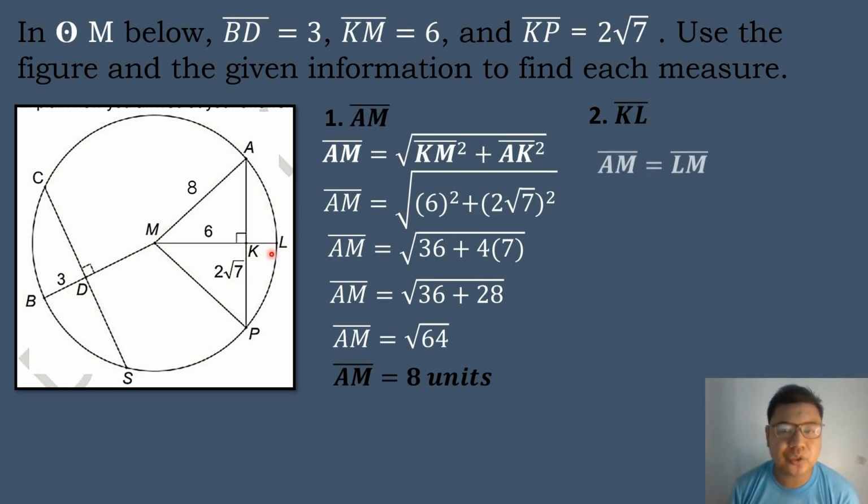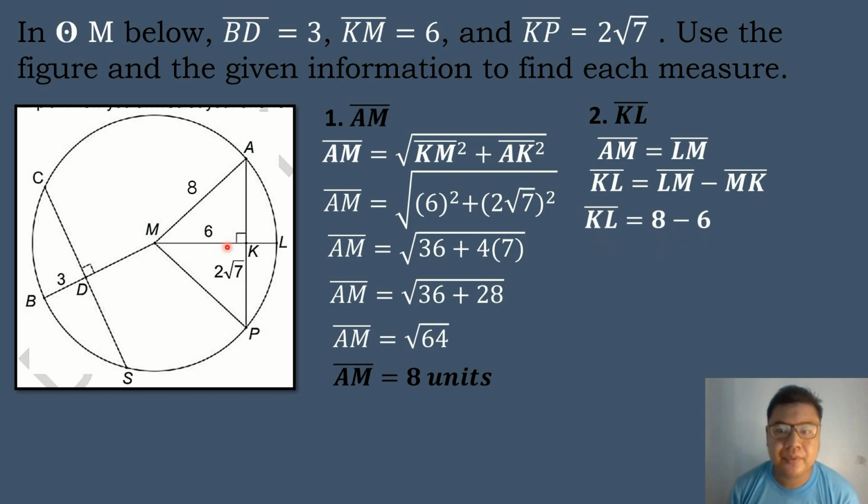So to get the measure of segment KL, we will subtract: segment LM, which is equal to segment AM, which is 8, minus the measure of segment MK, which is 6. Subtracting that, 8 minus 6 is equal to 2 units. So the measure of segment KL is equal to 2.